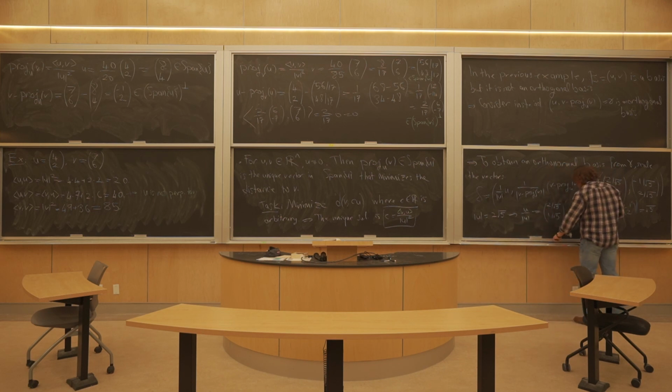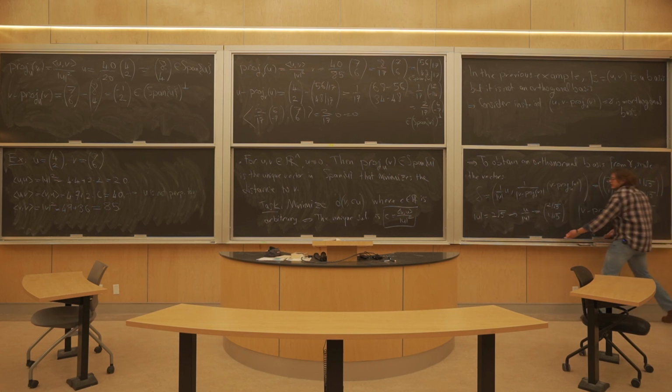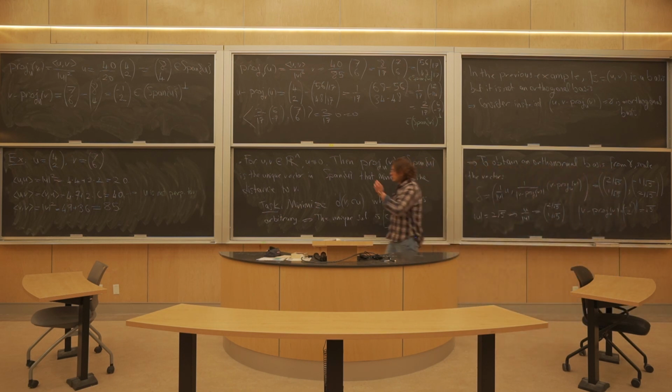I'm running out of time, but the idea, of course, is that if you were to have n many vectors that are linearly independent, you could apply the same reasoning one by one to obtain an orthonormal basis. And so this is what is called the Gram-Schmidt process, or procedure, or algorithm.